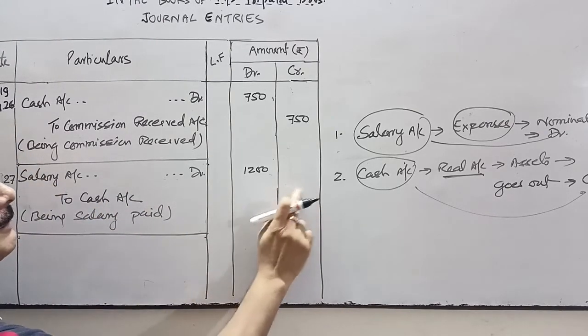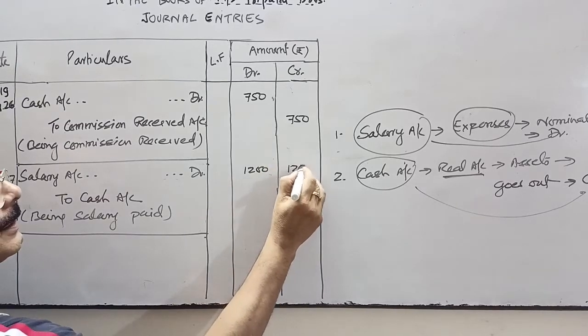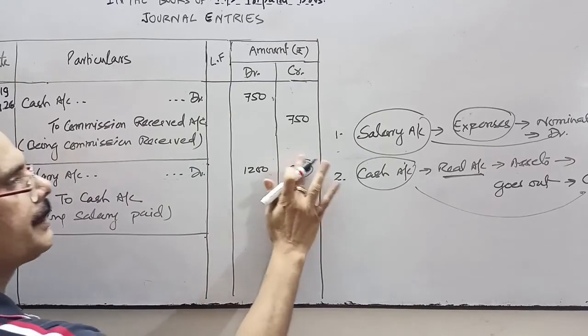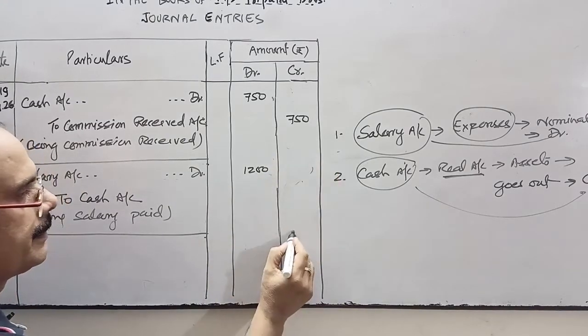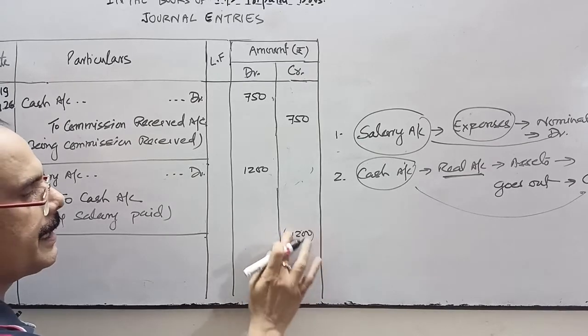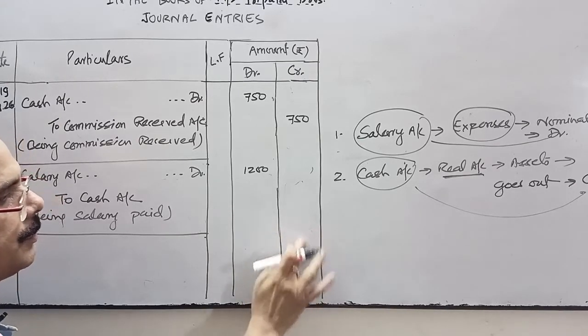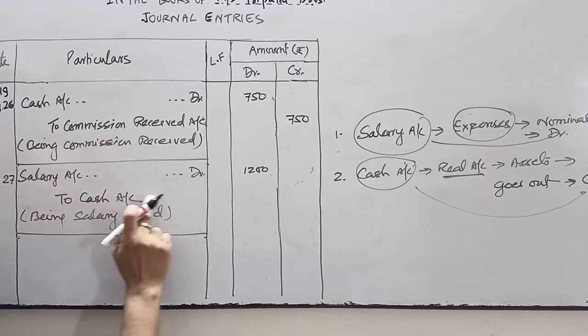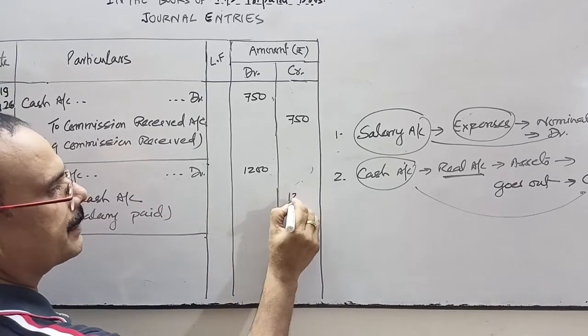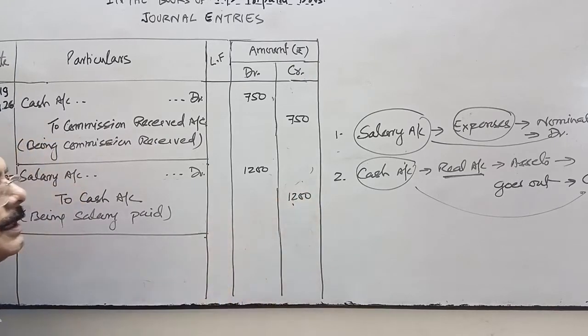If I have written 1200 over here, then it is wrong. Where to write the credit amount? You have to write it just straight of this account, 1200, not above, not below. So this transaction is over.